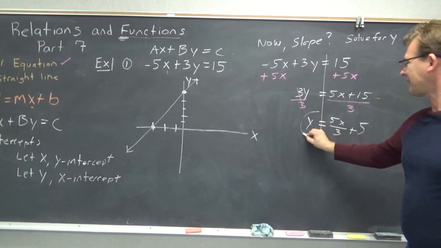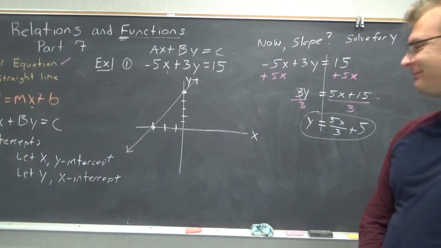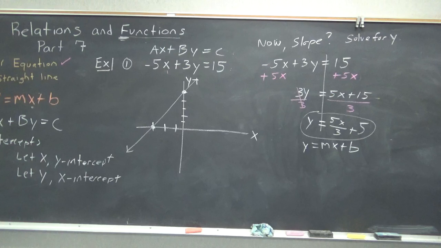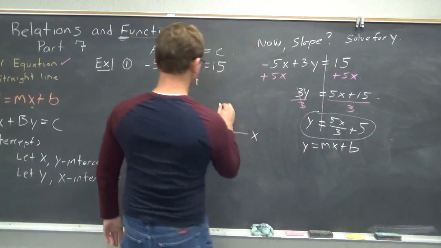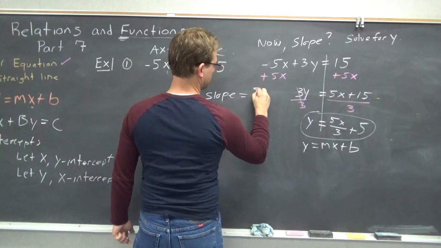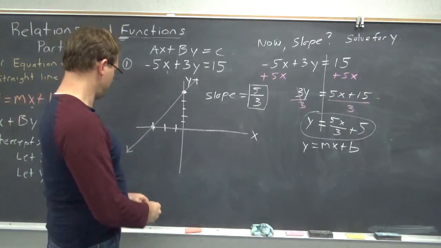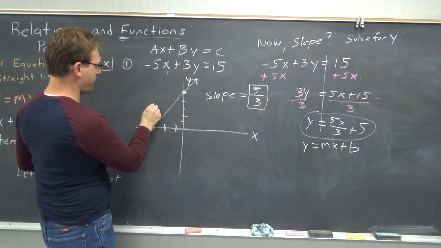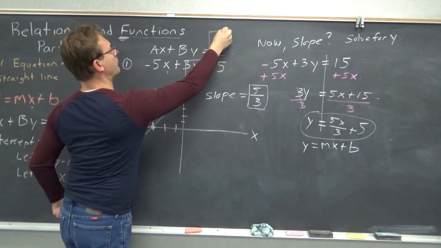So now, look at that. And look at this. What's your slope? Five over 3. So you're saying that this goes up 5 over 3. Up 5 over 3.